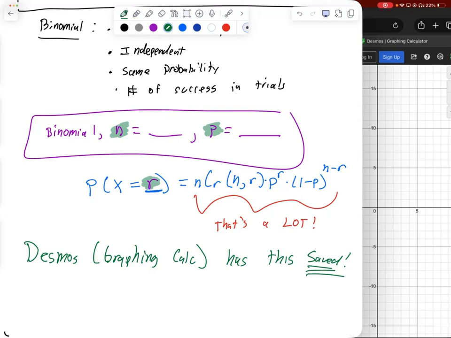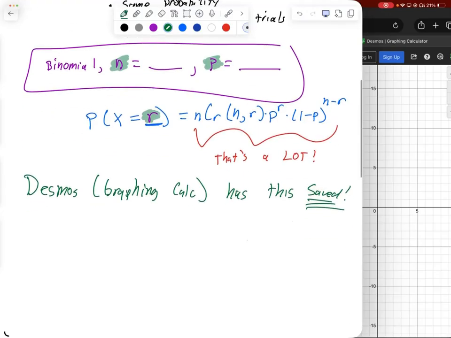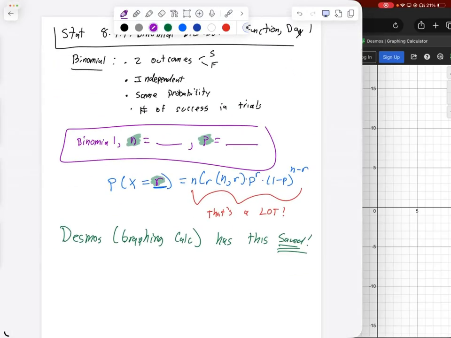So you need to tell the calculator what type of problem it is. What type of problem is it called? Binomial. So we're going to type in binomial, or select it, and this is called a distribution.